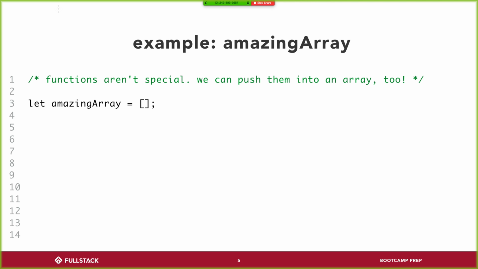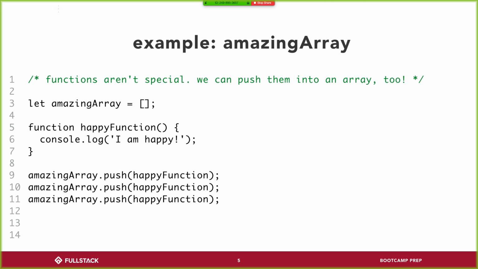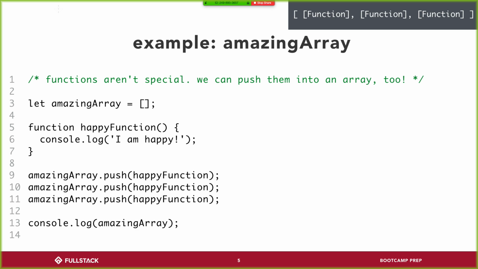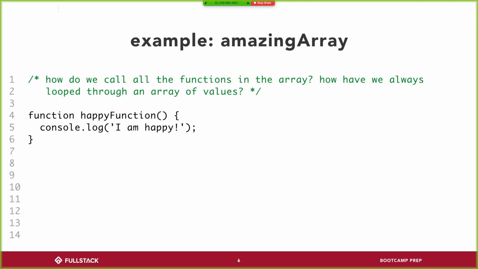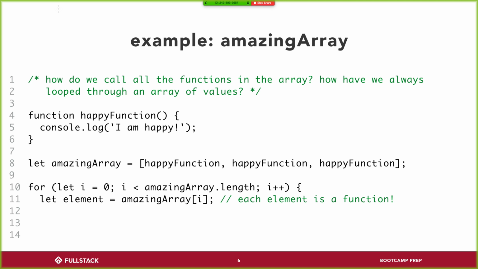But functions aren't special. We can also pass in this. And then when we log it, it'll just have a bunch of functions in them. And so you can call them too.